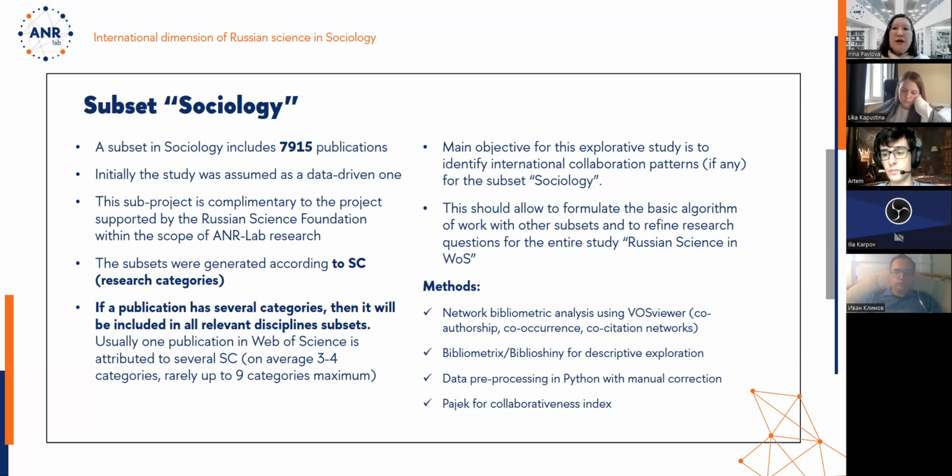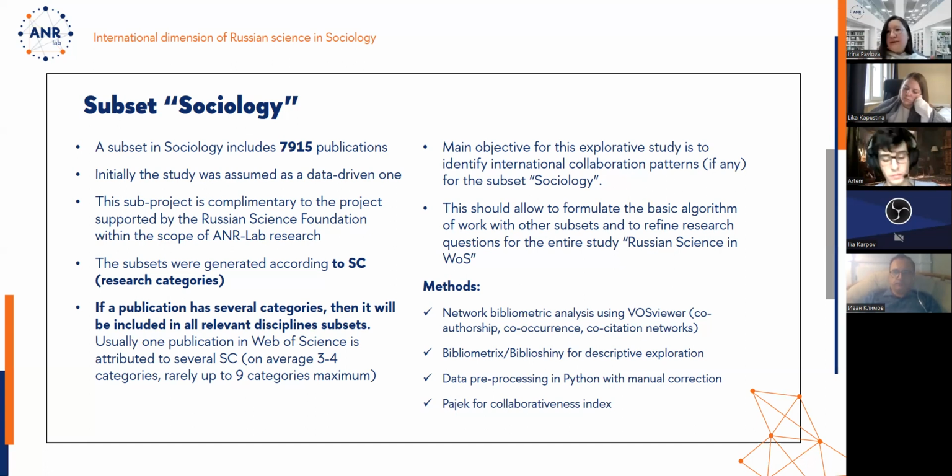So we generated the subsets according to SC, this research category. And it means that if, for example, a specific research category is attributed to a publication, this publication falls within our subset. So for example, one publication, if it has several research categories, may be included in different subsets.